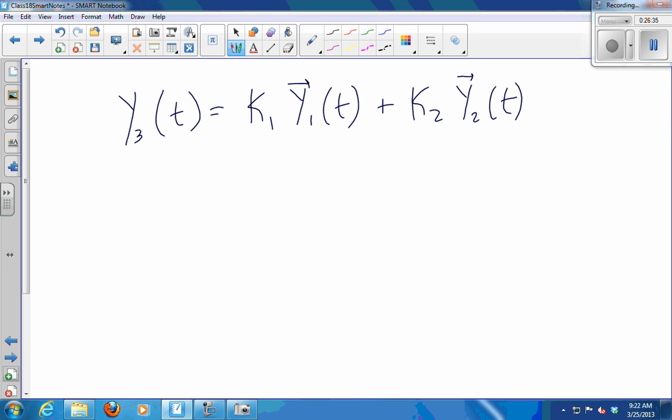And I want to choose my k1 and my k2 so that y3 of 0 gives me 2, -3. So I want y3 of t to be k1 times, I'm going to write in the functions here, e to the 2t.